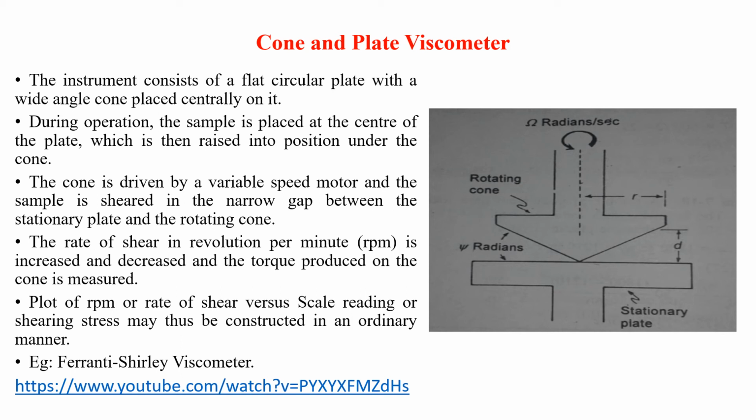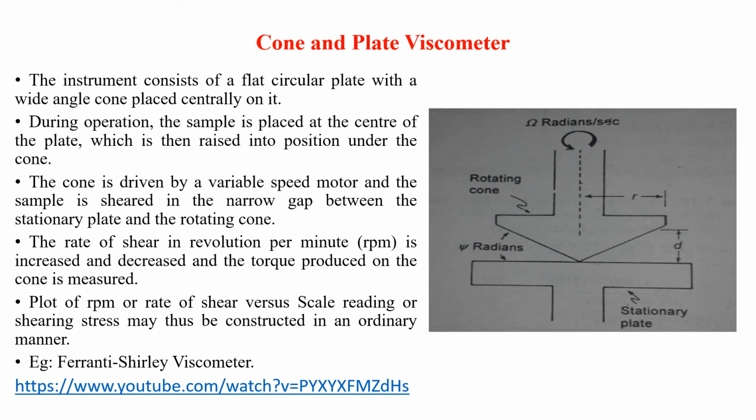When it rotates, the sample will experience some rate of shear as it is placed between the rotating cone and the stationary plate. Now, the rate of shear can be altered. It can be either increased or decreased.